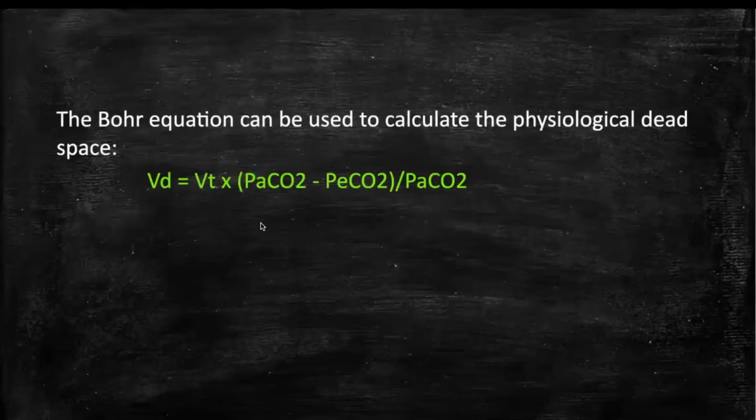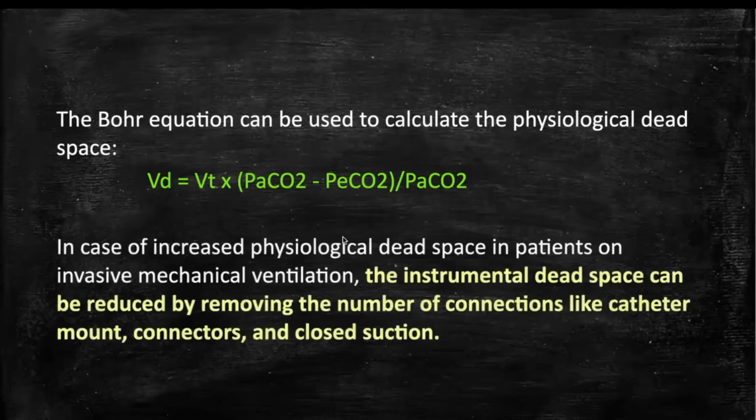Bohr's equation is used to calculate physiological dead space. That is, Vd is equal to tidal volume into PaCO2 minus PeCO2 divided by PaCO2. PaCO2 is arterial carbon dioxide measured in the blood gas, and PeCO2 is the end tidal carbon dioxide measured from the EtCO2.